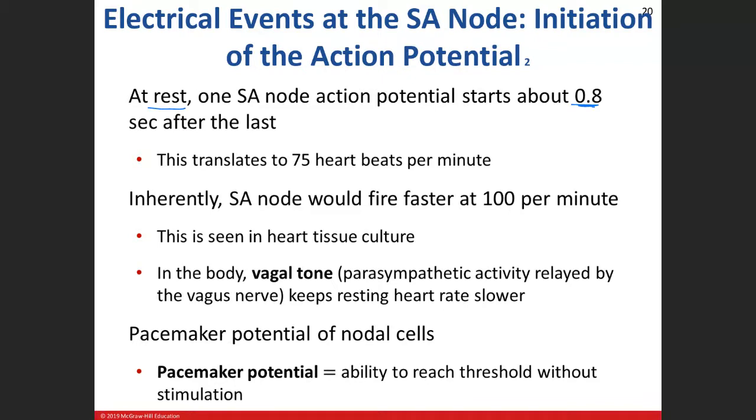So in a minute, the heart wants to beat at about 70 or 75 beats per minute. But the SA node goes faster than that. It goes at about 100 beats per minute. That's the high end of the normal range for heartbeat. 60 to 100 is the range for heart rate. Average is 75 to 80.